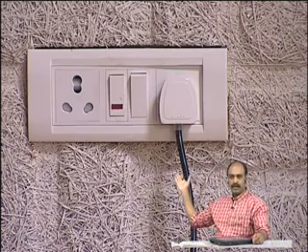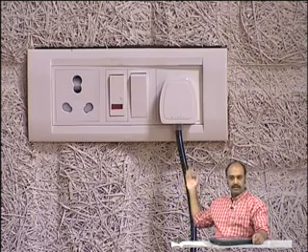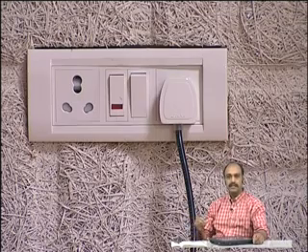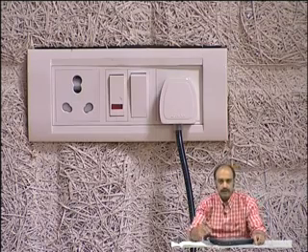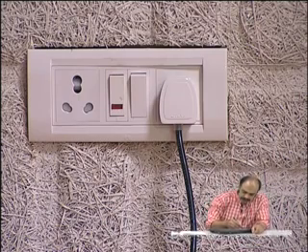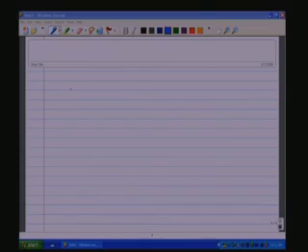You have an empty unplugged wall outlet on one side. On this side you see a wall outlet being plugged by some load. Let us have a look at these wall outlets and how they behave.